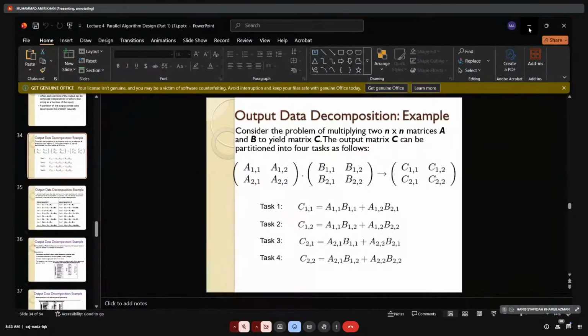The test will normally be in week number 8. I will inform you before. So week number 6 must be till data decomposition. I will show you later. Any question here?